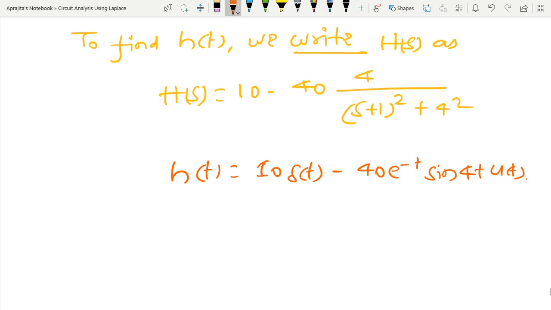In this way I am able to calculate the impulse response. So the transfer function is nothing but the gain we get in the S domain when we pass some signal through a system, and the impulse response is the inverse Laplace transform of the transfer function. In this way we use these two things very commonly in circuit analysis.